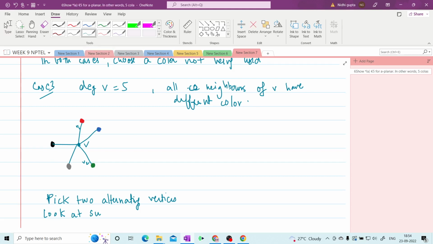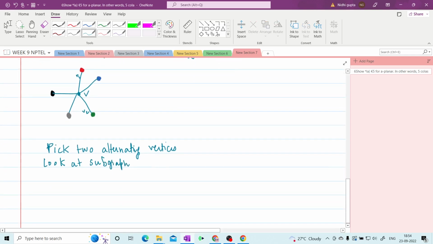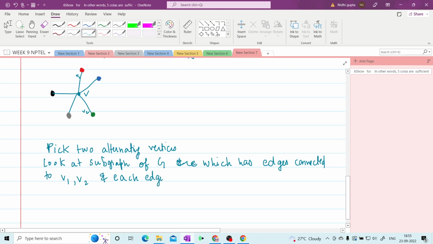So we are looking at a subgraph of G, which has edges connected to V1, V2, and each vertex should be colored red or green.